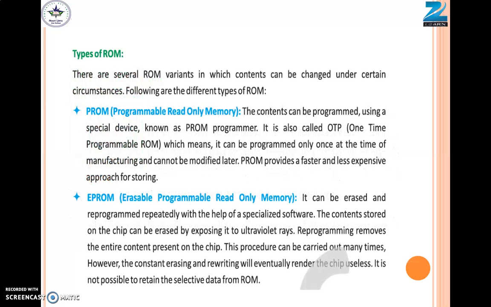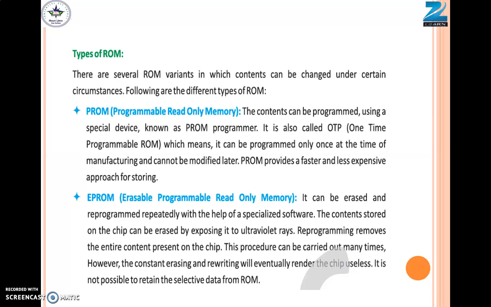Types of ROM. Different types of ROMs are there. First is programmable ROM. If the data is programmed on the ROM and afterward it cannot be changed, that is programmable read-only memory. The contents can be programmed using a special device known as a PROM programmer.